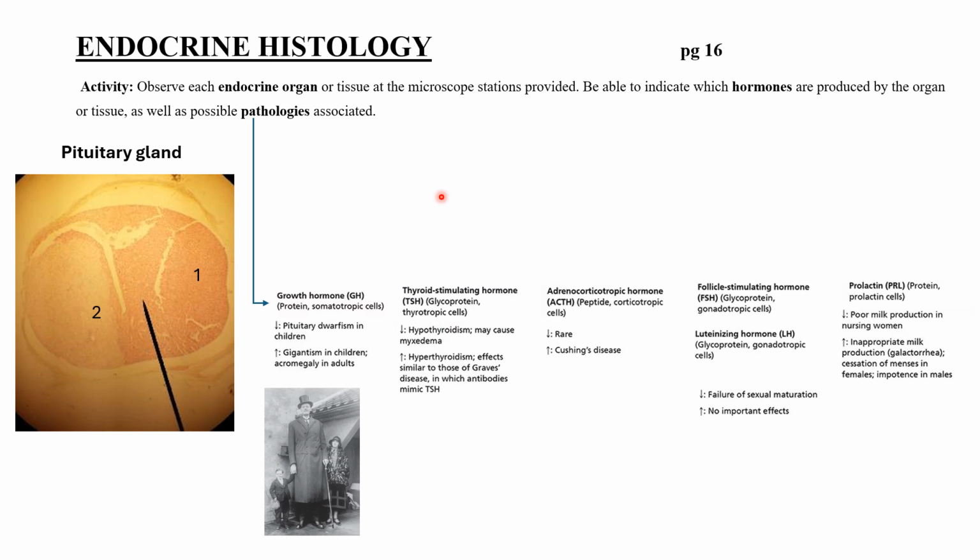Then from the anterior pituitary, growth hormone is not a tropic hormone. The thyroid stimulating hormone is a tropic hormone because it affects the thyroid gland. Adrenocorticotropic hormone is a tropic hormone because it affects the adrenal glands. Follicle stimulating hormone and luteinizing hormone are tropic hormones because they affect the ovaries and the testes.